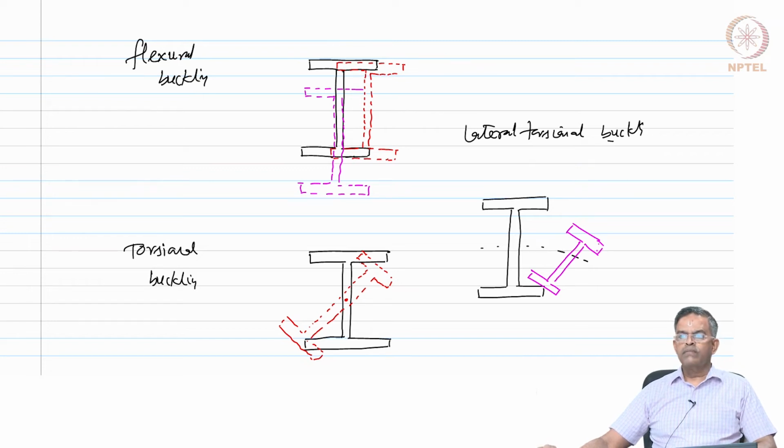Flexural buckling can occur only when the compression flange buckles in one plane.